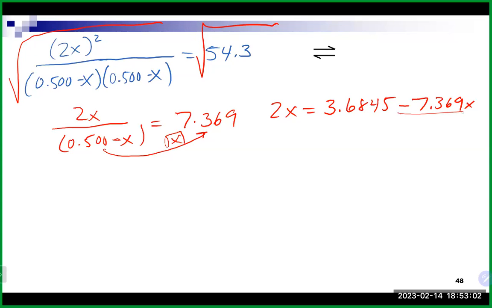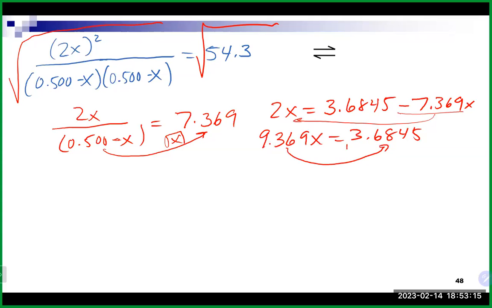We then want to bring the x back to the other side to combine them. That's going to give me 9.369x equals 3.6845. Then we're going to do a little dividing, so that's going to give me an x when I'm all said and done of hopefully what I'm looking for, 0.393. Any questions on that?